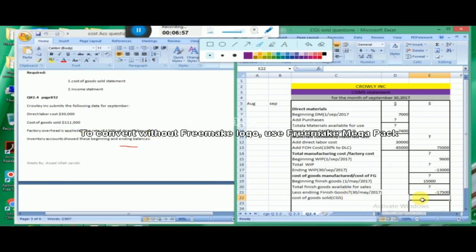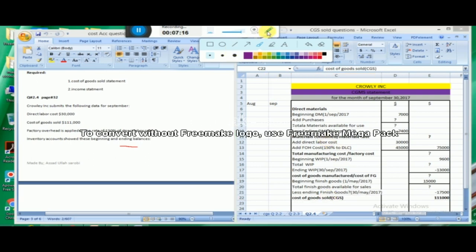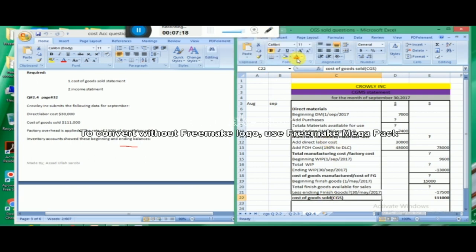So now it is very easy to calculate, this is our CGS. CGS is already given, so now we can easily calculate the unknown or missing amount.